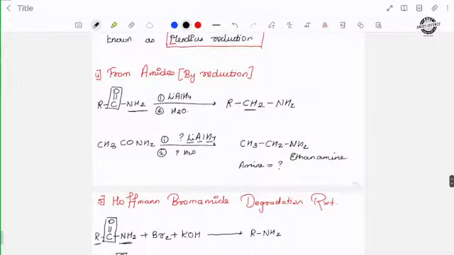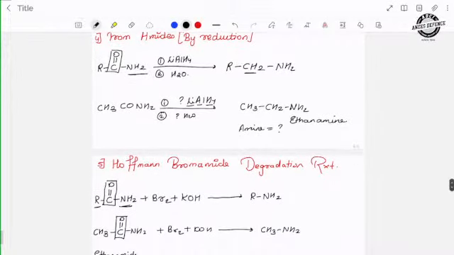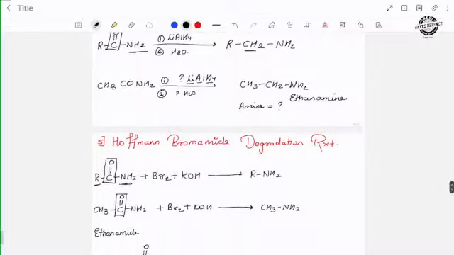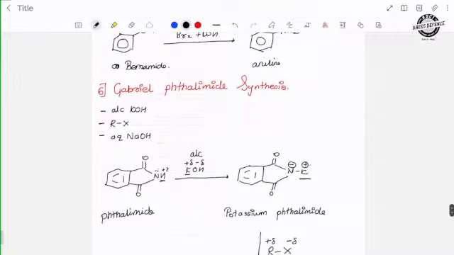That time you're going to go for a degradation reaction, and that is Hoffman bromamide degradation, where the starting material is amide, with bromine and KOH. You are going to get primary amine only, but the carbonyl carbon will get removed, it will degrade. Okay, and the last name reaction, it is quite simple: Gabriel phthalimide synthesis.